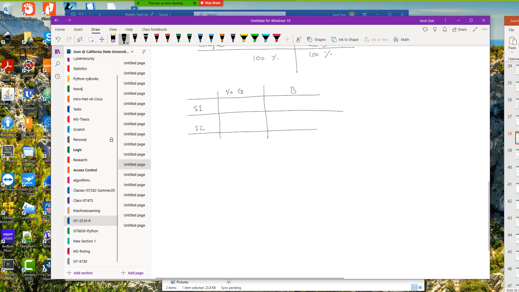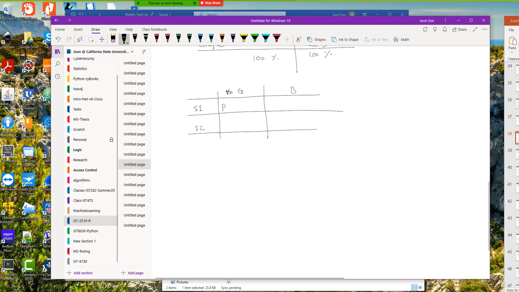So I'll just use notation. Once you calculate, for example, 98 divided by the total, you will get the probability. So I'll use the notation instead of the number.